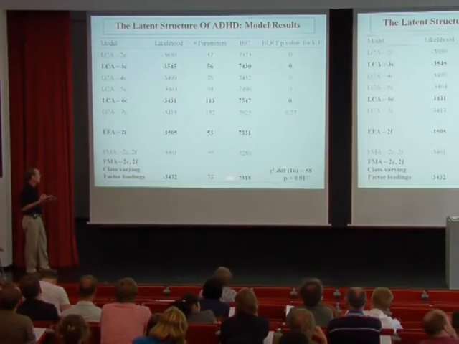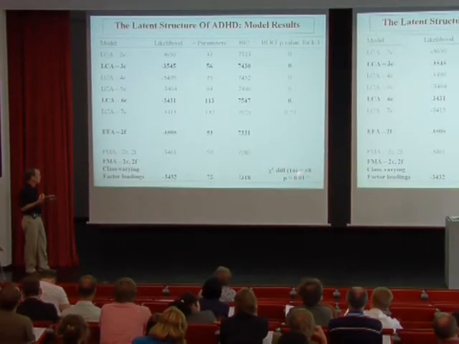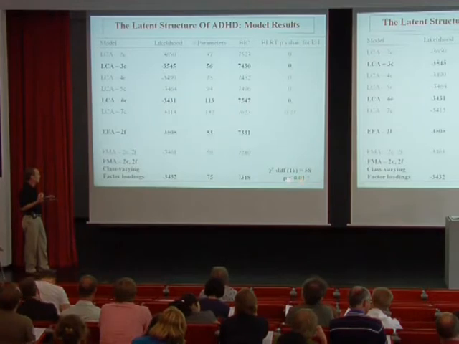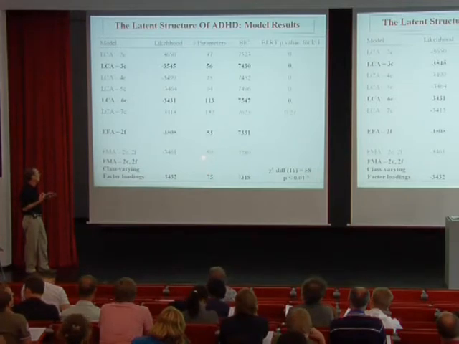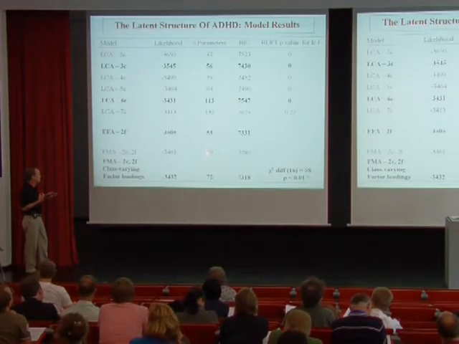The likelihood ratio chi-square test gives you a chi-square of 58 with 16 degrees of freedom, 16 being 75 minus 59. And the p-value is very low, saying that when you impose the restrictions of invariant factor loadings and having only 59 parameters, you significantly worsen the fit relative to the more general H1 model.